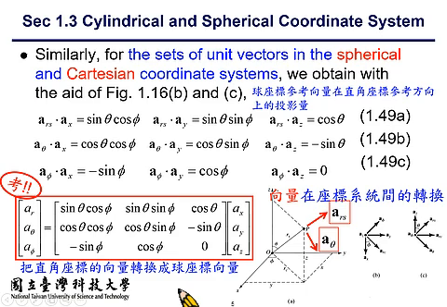I stress the importance of this definition because in this matrix, you have some minus signs and some positive signs. The positive and minus signs actually come from the definition of these directions.